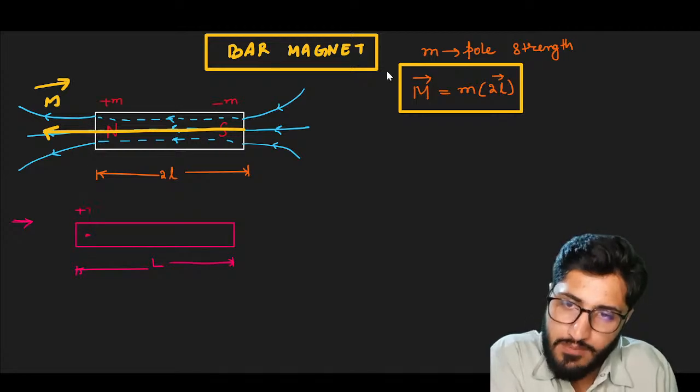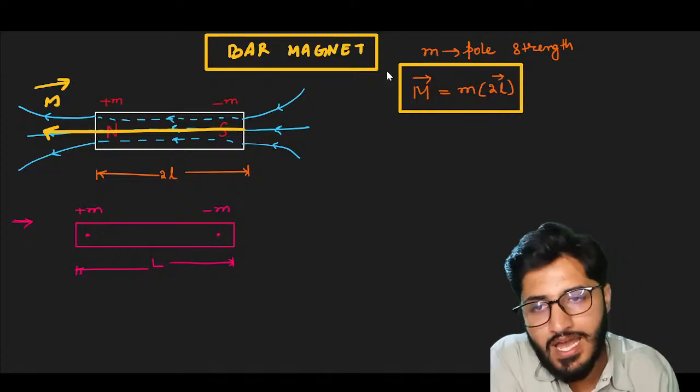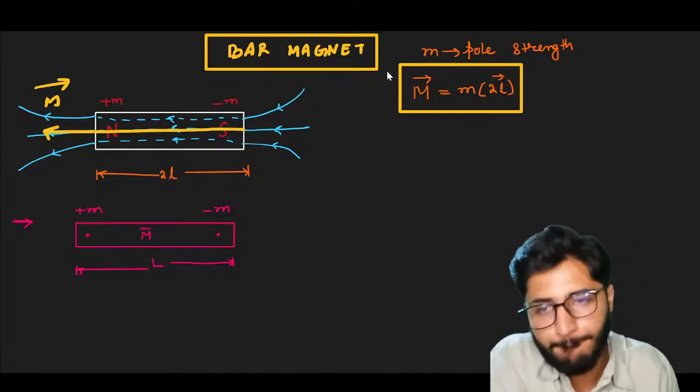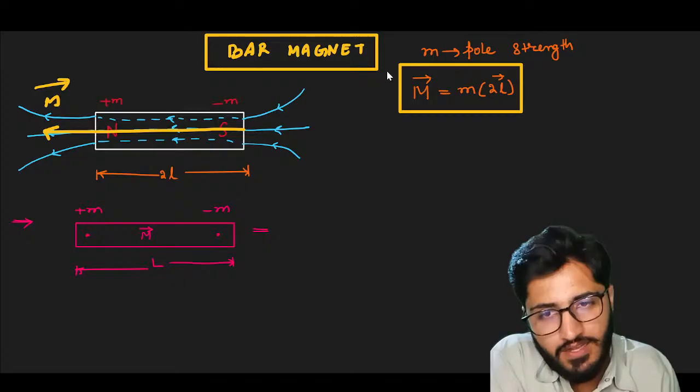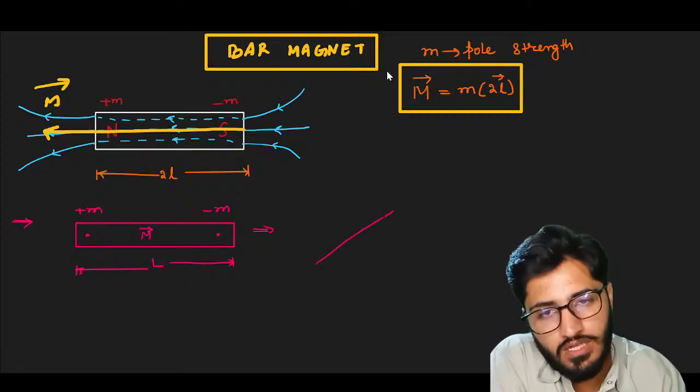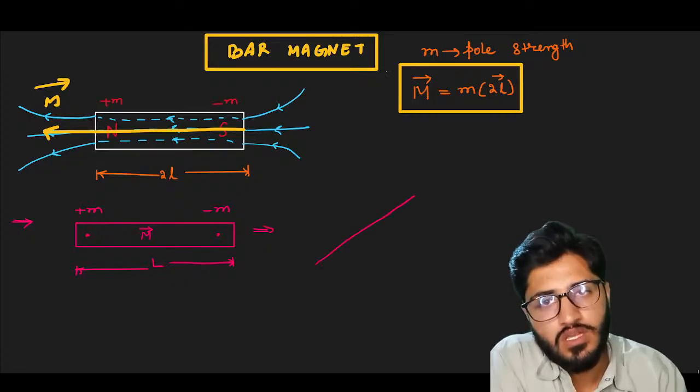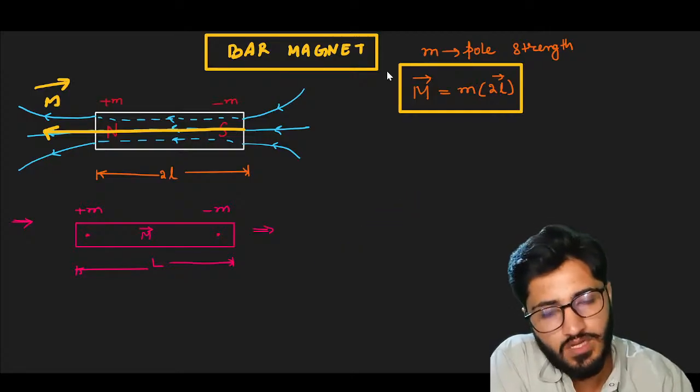The strength is plus M on one end and minus M on the other, and its magnetic moment is M. Now, if we bend this wire in this way, how so? Look.